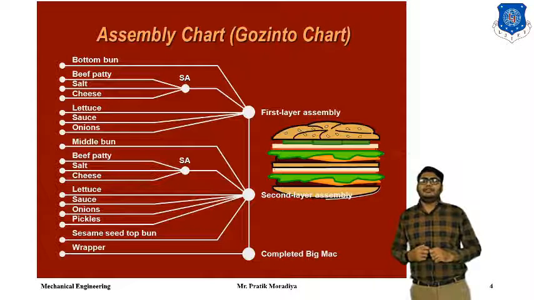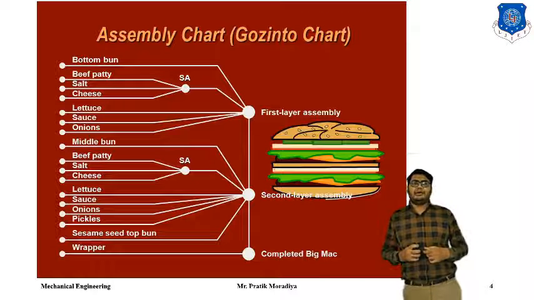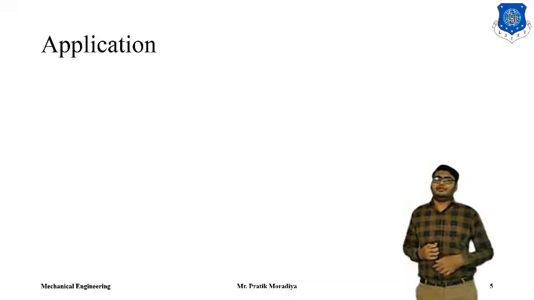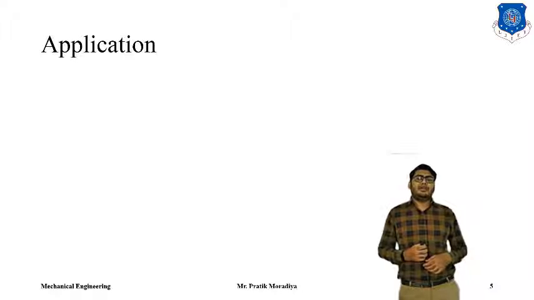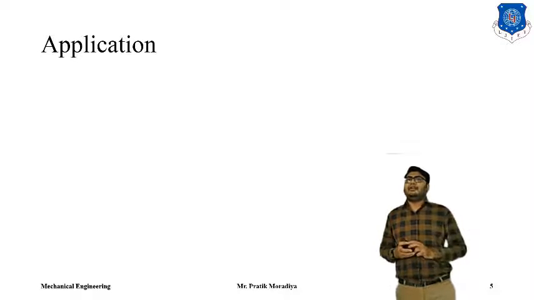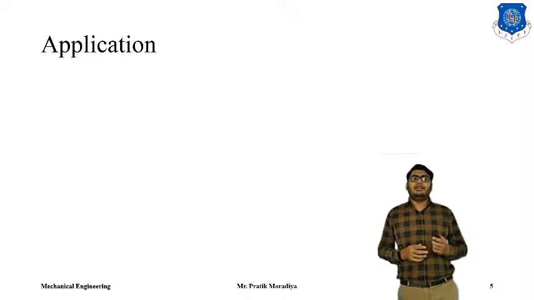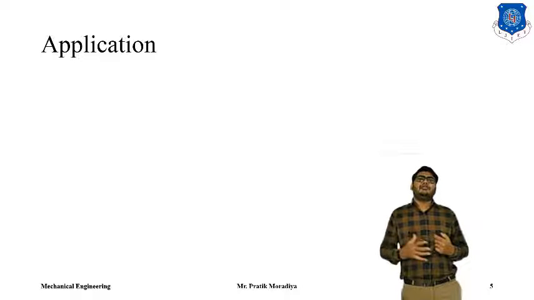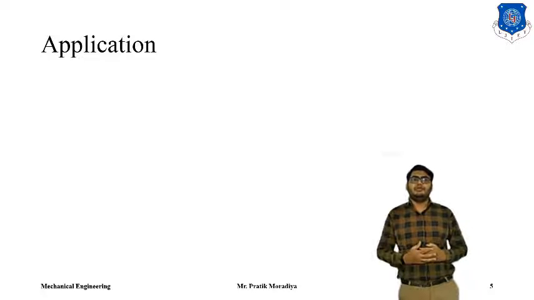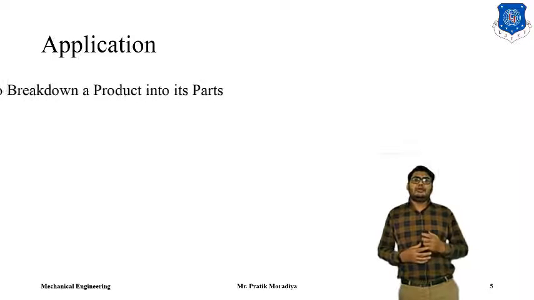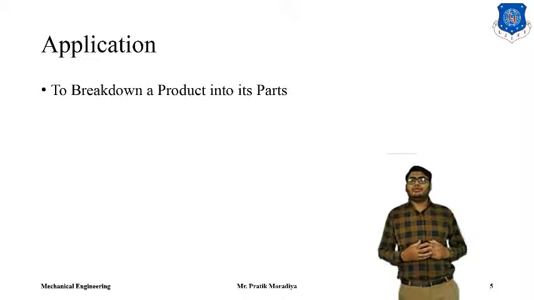So this is a very simple, very relatable example of a Gozinto chart. In actual practice, we are manufacturing and assembling products in the industry with the help of this Gozinto chart. It has wide applications.